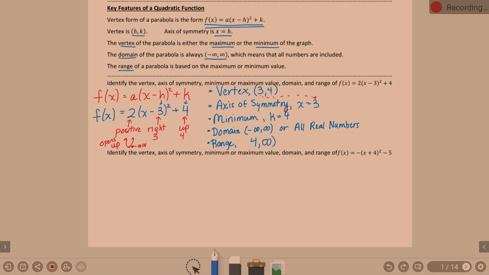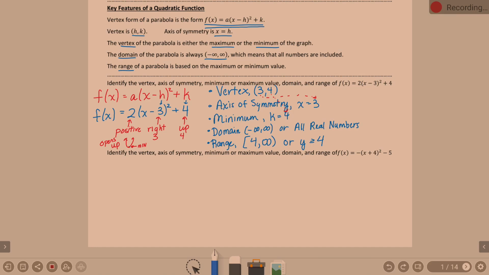Infinity always use parentheses. What about the 4? Are we going to touch the 4? Does my parabola go through the vertex at 4? It does. So we're going to use a bracket. Now, I have written in my notes or y greater than or equal to 4.